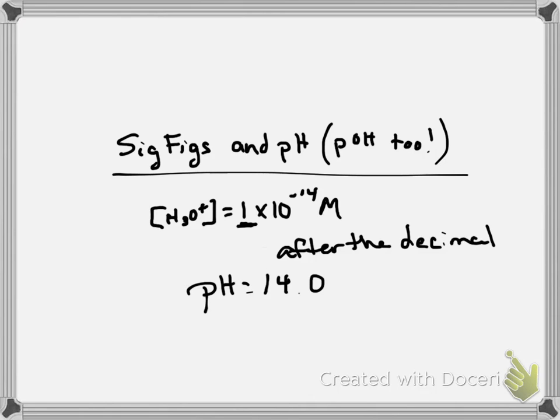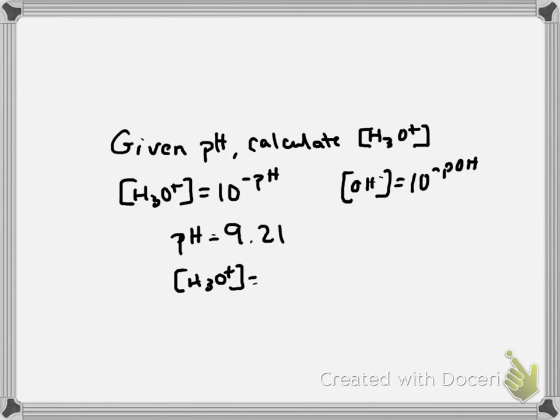Now, we can also go from pH to our hydronium or hydroxide ion concentration. So given pH, I can calculate the hydronium ion concentration. I have these two formulas, one for hydronium, and the other works the same way for hydroxide.